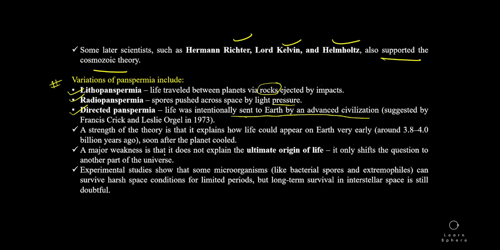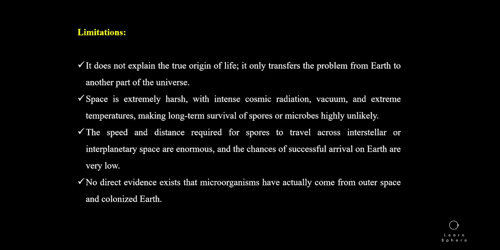So this was the view of the theory of panspermia, and these were the limitations of this theory due to which it was rejected. It doesn't explain the true origin of life but only transfers the problem from Earth to another part of the universe.